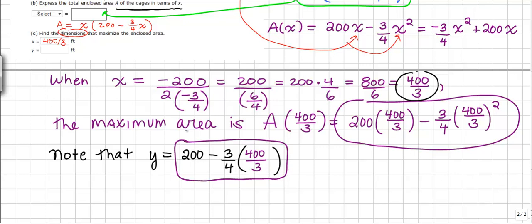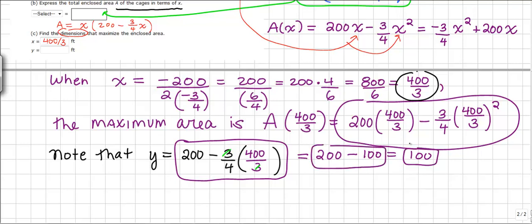If CalcPad popped up, we wouldn't have any trouble leaving y unsimplified. If you do some simplification, we have 200 minus, with a quick cancellation, 4 divides 400, leaving us with 100, and 200 minus 100 is 100.